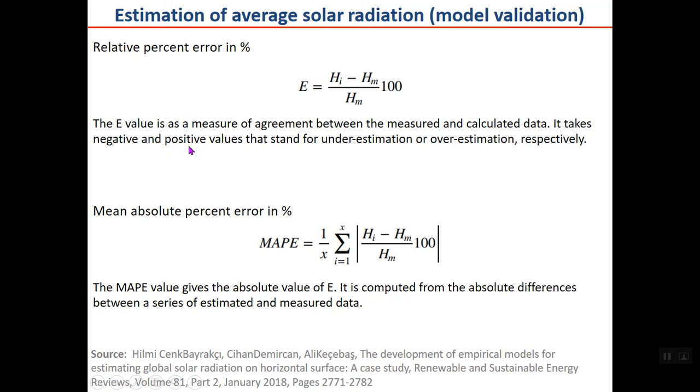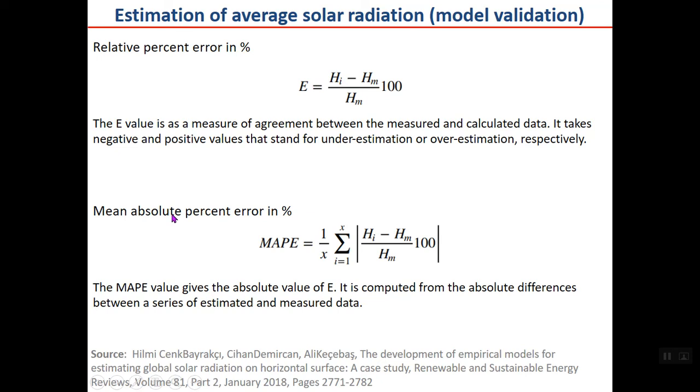It takes negative and positive values and stands for underestimation or overestimation of your formula in comparison to the experimental data. For example, if the value is positive, then it shows that your formula overestimates the solar radiation, or the same in reverse for the negative value of E.